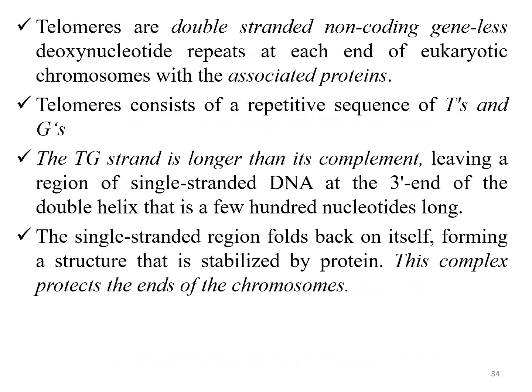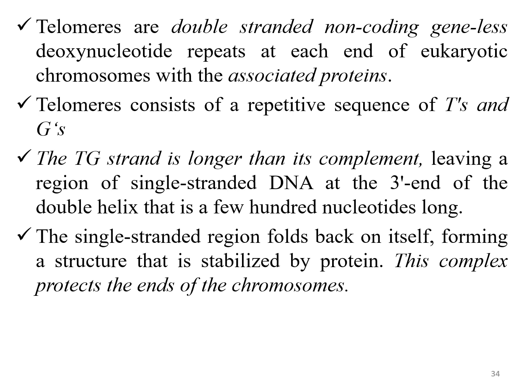So telomeres are double-stranded, non-coding, G-rich deoxyribonucleotide repeats at each end of the eukaryotic chromosomes, with associated proteins. Telomeres consist of a repetitive sequence of thymine and guanosine, and the thymine-guanosine strand is longer than its complement, leaving a region of single-stranded DNA at the 3' end of the double helix that is a few hundred nucleotides long.